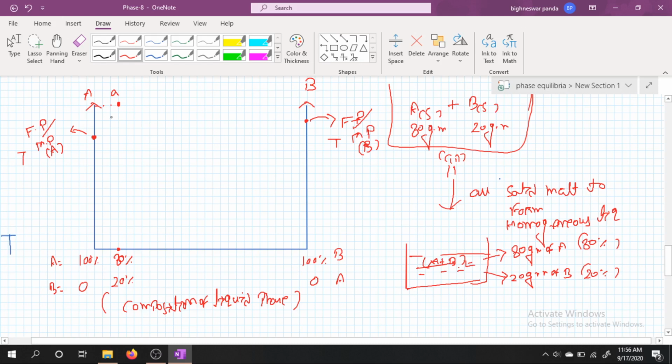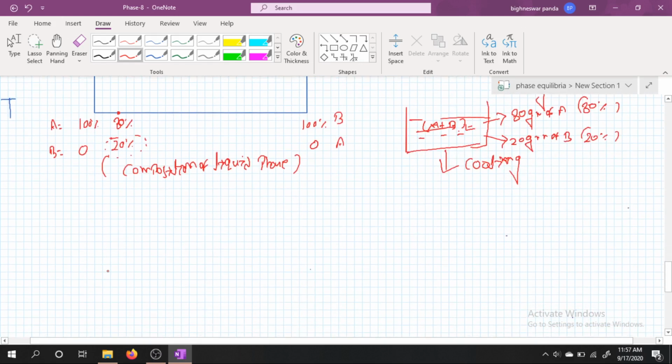When I am cooling this solution, I found that neither A nor B undergoes freezing at their corresponding freezing point, since there is a presence of 20% of B.